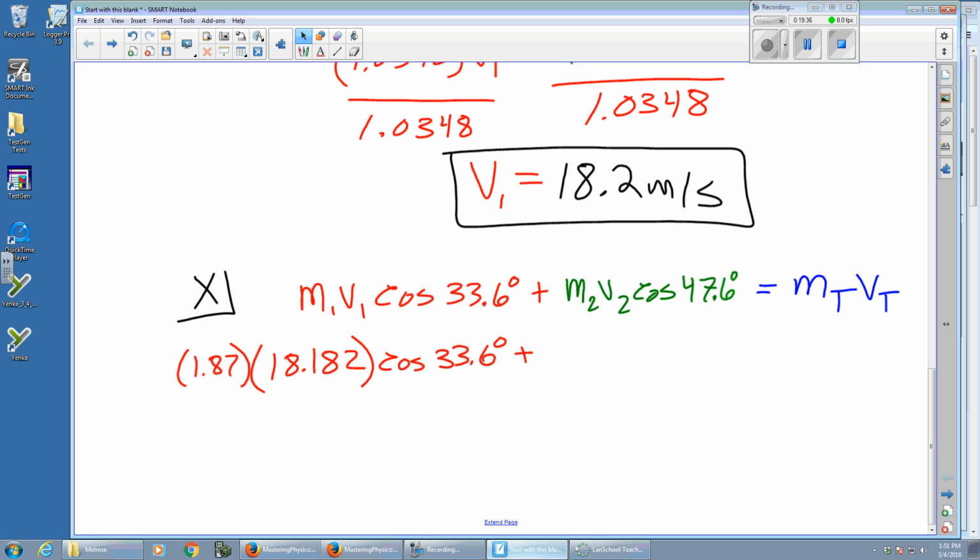And plus, and my M2 for me is 5.2. Moving at 4.9. Cosine 47.6. Oh, look at that. That whole left side is nothing but numbers, right? Yay. My total mass.